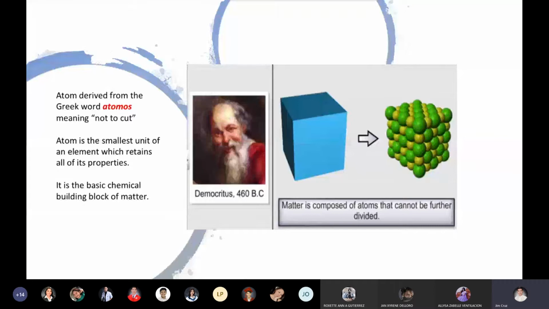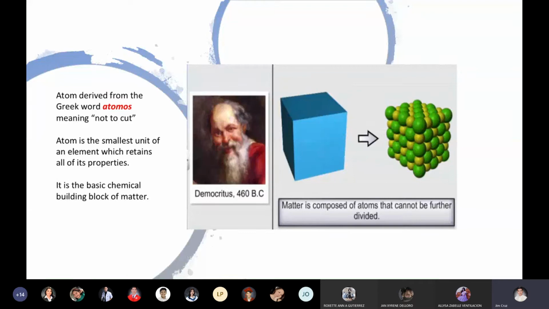He proposed the idea that everything is made of these atomos. Lahat ng bagay sa Earth, and the universe, although they don't have the idea about it yet. So everything on Earth is made of atomos, everything that you can cut, you can partition into smaller volumes.